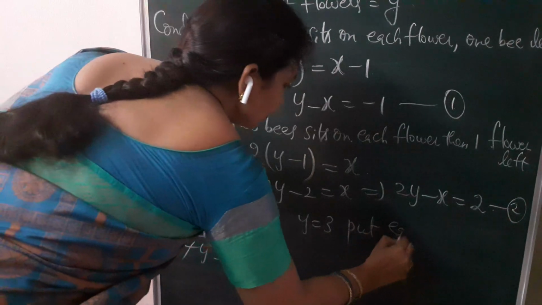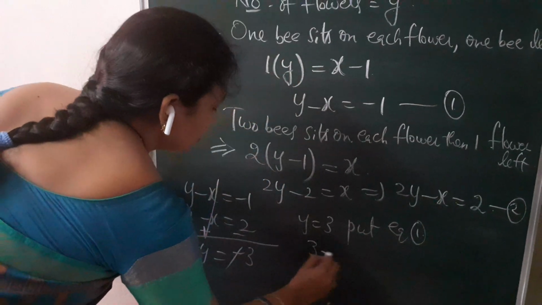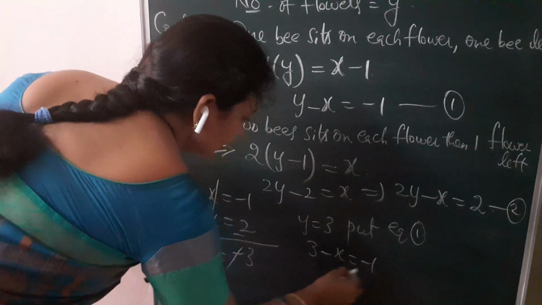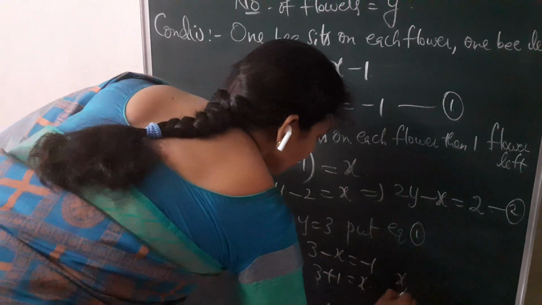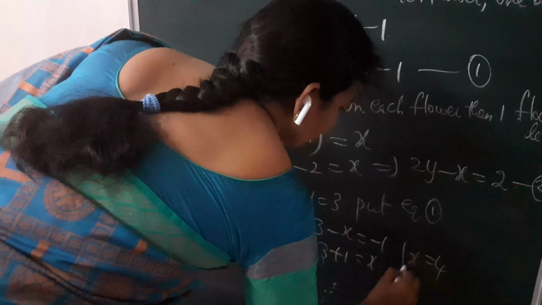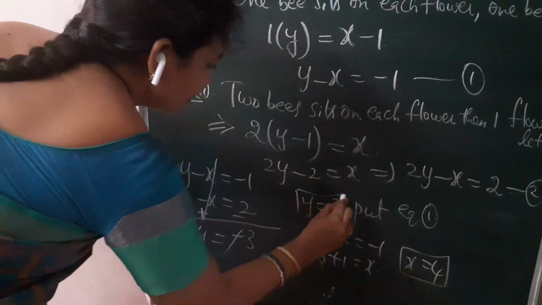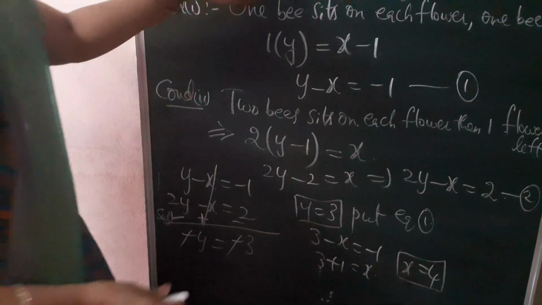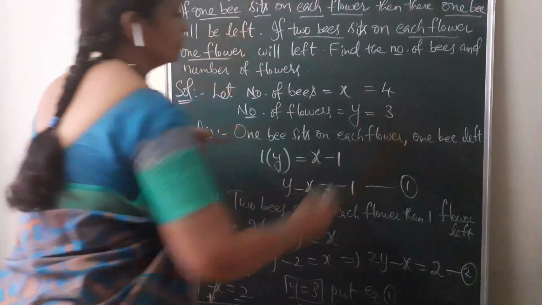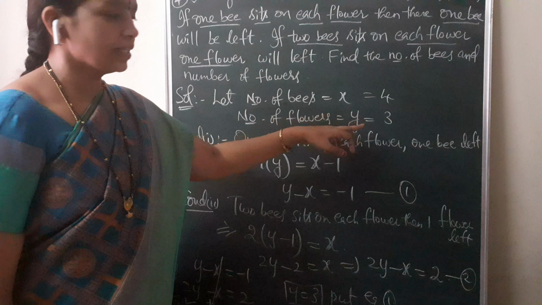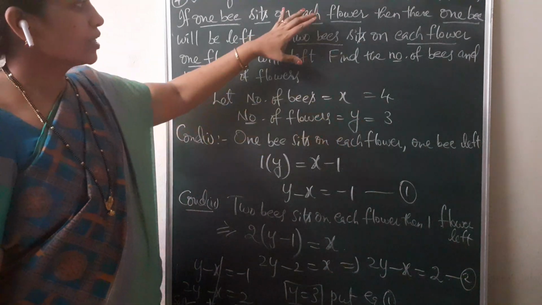Put it in equation 1. So 3 minus x is equal to minus 1. Transpose: 3 plus 1 is equal to x. So x is equal to 4. x is 4 and y is 3. So the number of bees is 4 and the number of flowers is 3. And with 3 flowers there, the given condition will be satisfied.